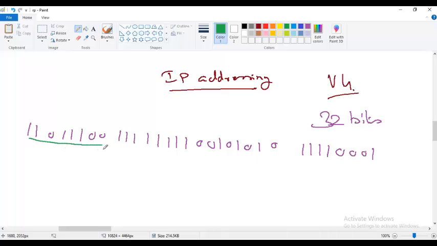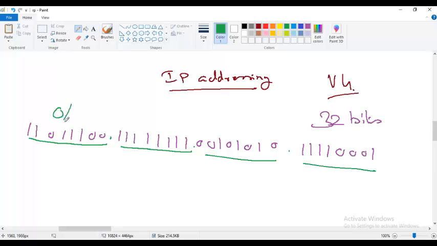So the entire 32-bit they divided into 4 groups. Each group has got 8 bits. So this is what we call an octet. 4 octet.